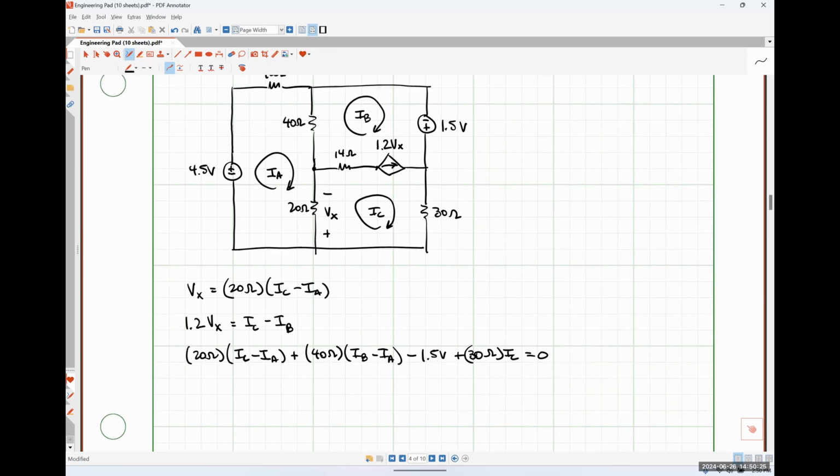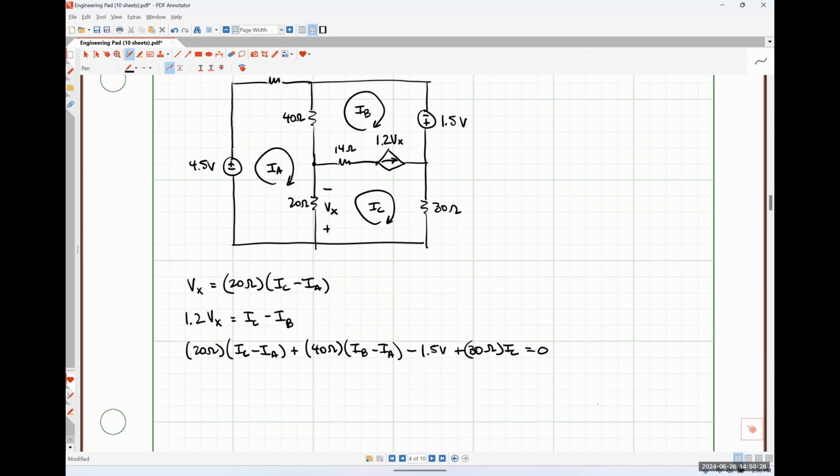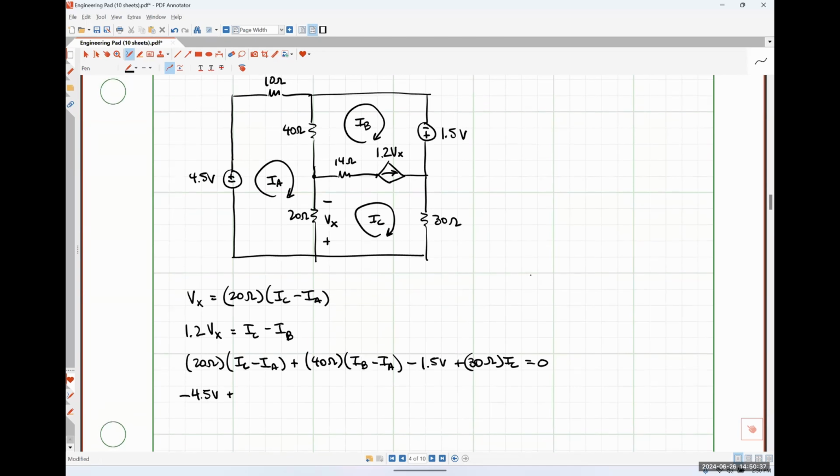And then I'm going to write my KVL equation around mesh A. That's going to look like negative 4.5 volts plus 10 ohms IA plus 40 ohms, IA minus IB plus 20 ohms, IA minus IC is equal to 0. I have 4 equations and 4 unknowns, so solving this system should allow me to calculate Vx.